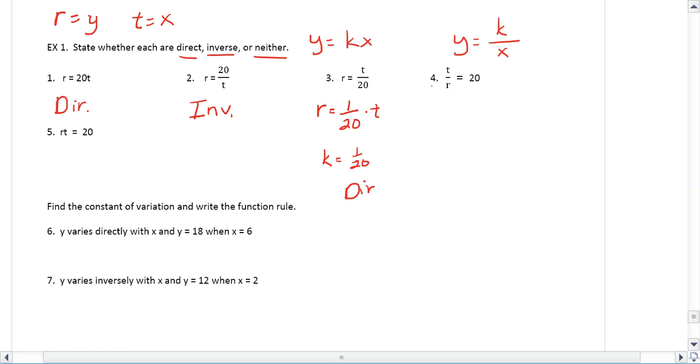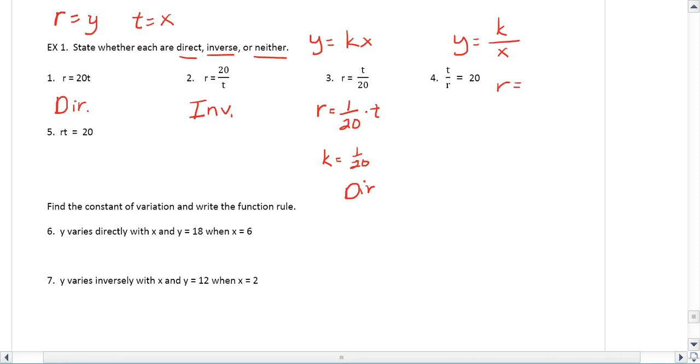So number 4, I can't tell by looking at it because the letters are in the fraction. So let's solve for the r, and then we'll be able to distinguish. If you recall, back when we did literal equations, we learned a strategy for getting the r out of the denominator.